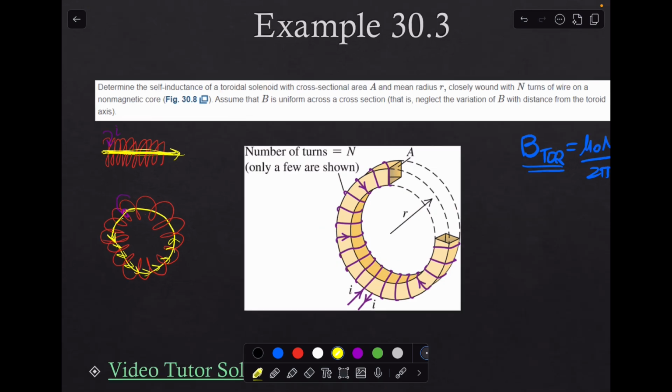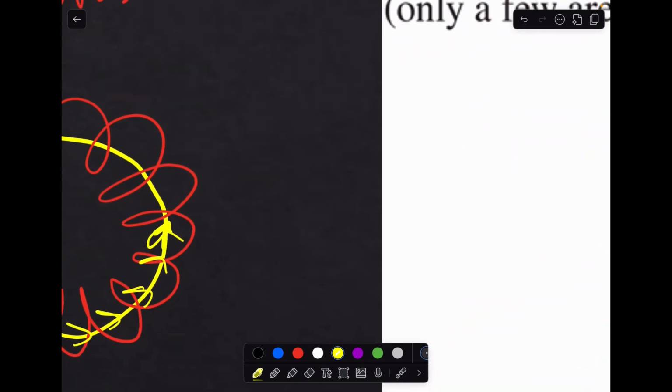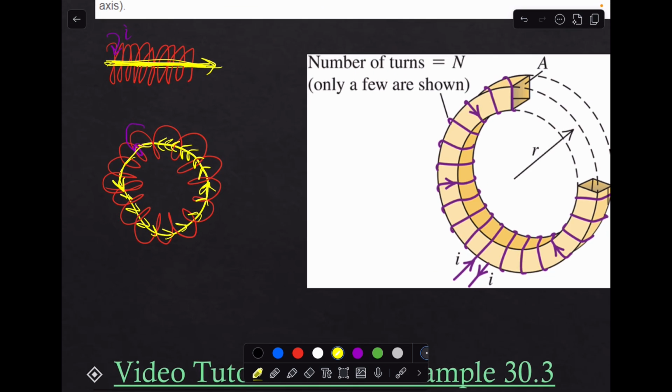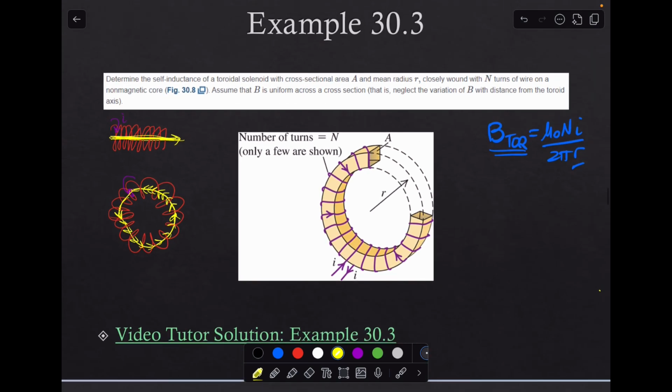If we zoom in there, the tangent is straight, obviously, but the magnetic field points this way. Still a straight line if you were to unfold the ring, but now it's in a ring. So anyway, this is just a different kind of solenoid.